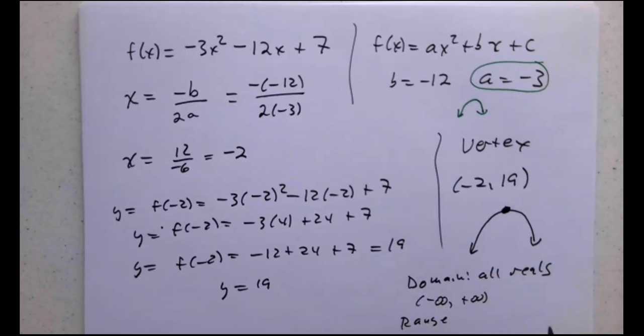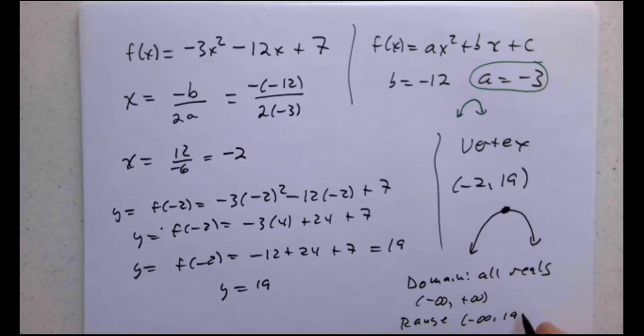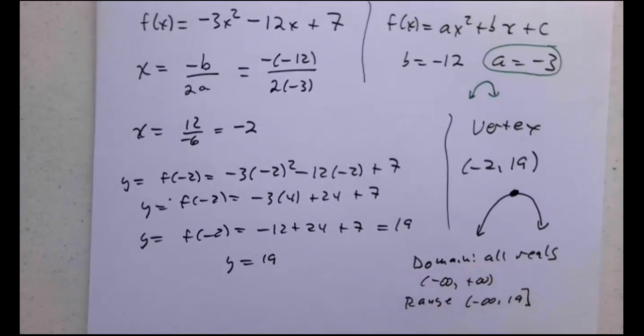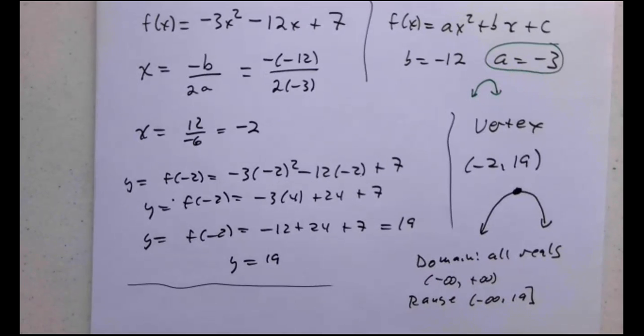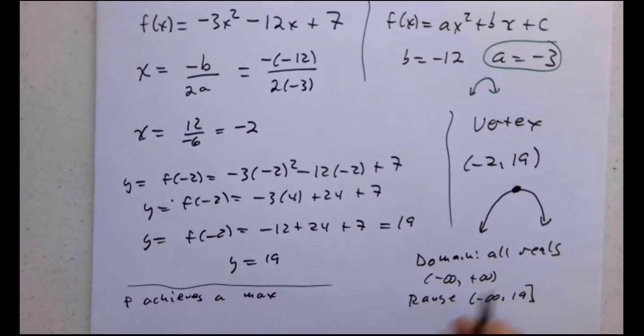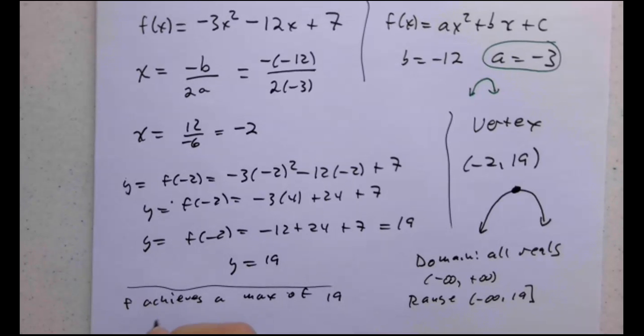So negative numbers way down here, negative infinity to 19 with the square bracket because it actually gets there. And then what do we say about our function? It achieves a relative maximum. So looking at this, we can say f achieves a relative maximum or a local maximum. A max of 19 at x equals negative 2.